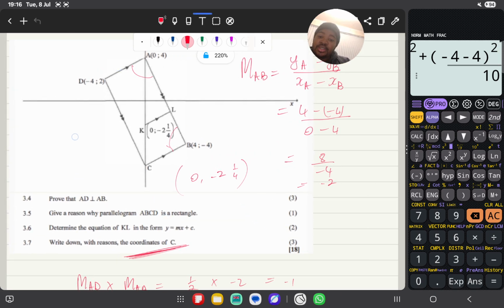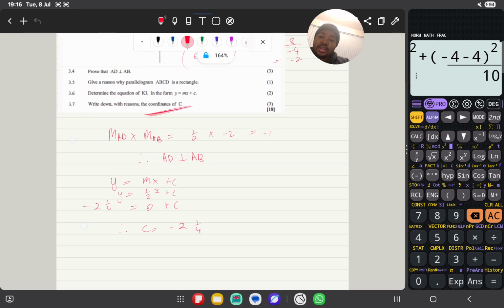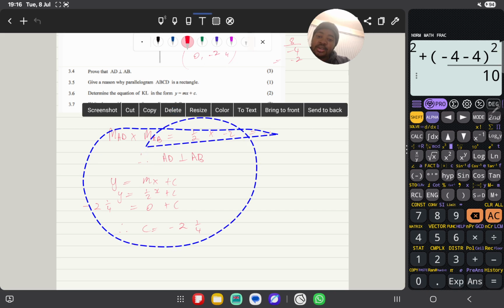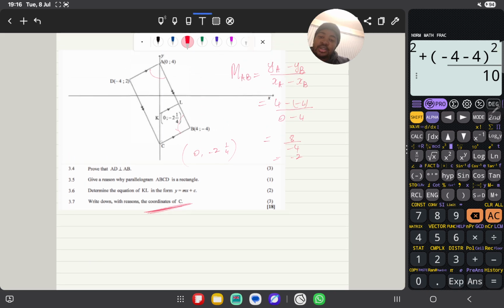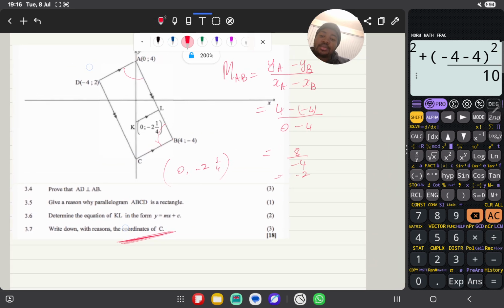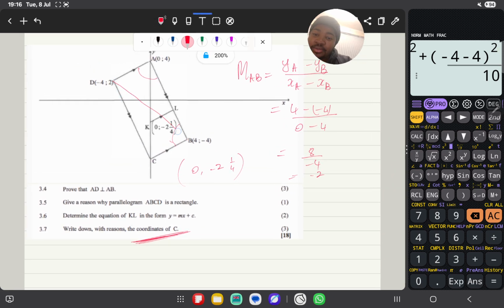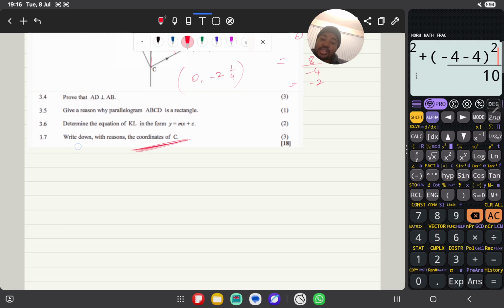So the midpoint was (0, -1). And now that we have the midpoint, it becomes easier. We can use that midpoint to find point C, because remember the diagonals of a rectangle, where they meet, that point is the midpoint of each diagonal, right?